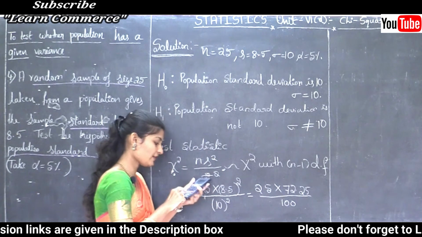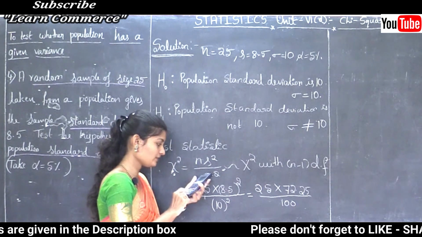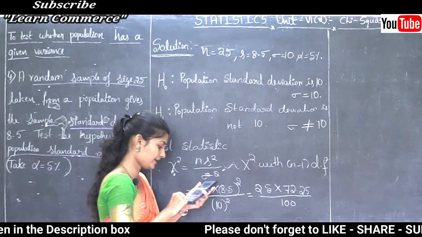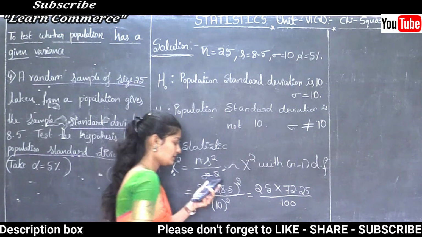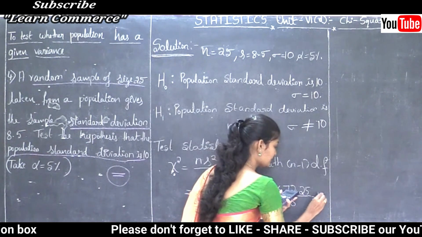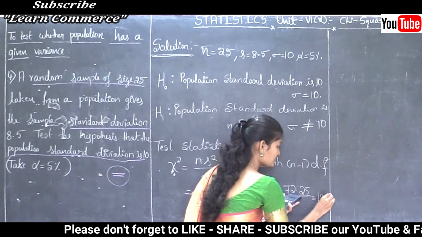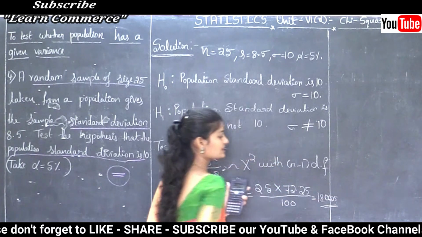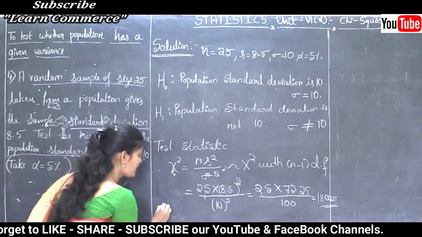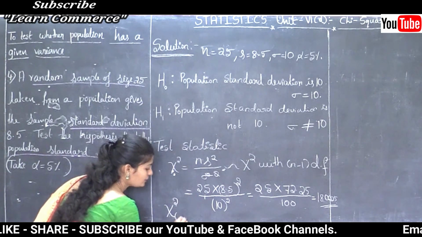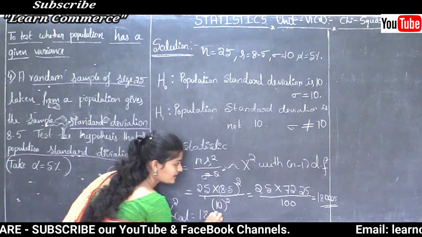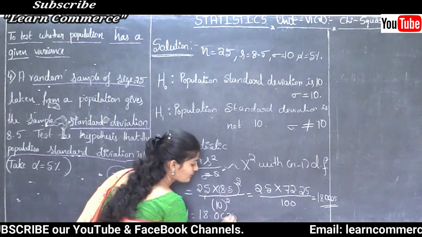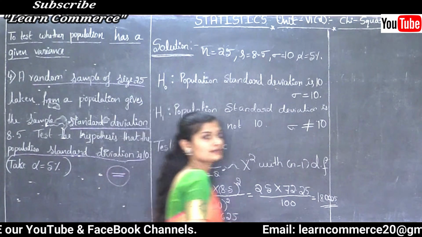Next, 25 into 72.25 divided by 100 is 18.0625. So here the chi-square calculated value is 18.0625. Okay, this is step 3.